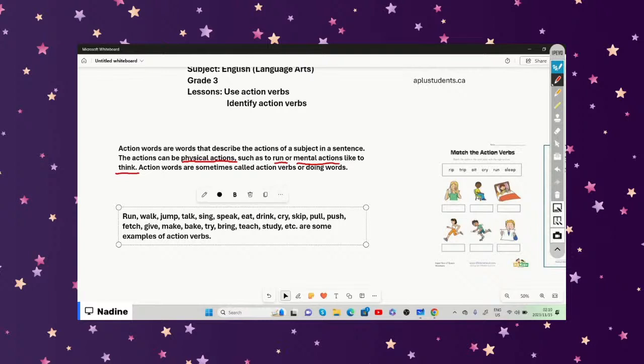Those are just a few examples of action verbs. And we said another word for action verbs is doing words, which means that they are verbs, right?